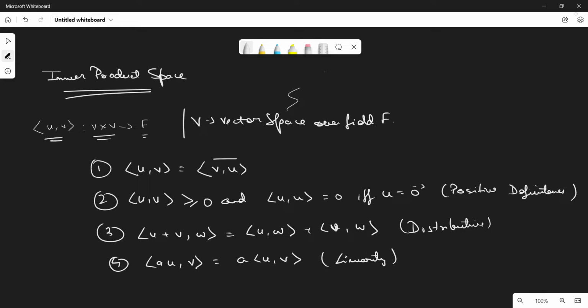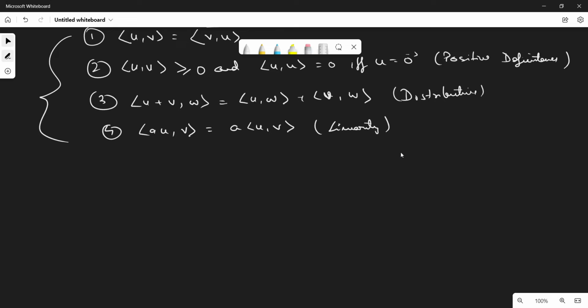Okay, so if there exists a function, elements of a vector space V cross V mapped to F, such that these four conditions are valid, then we say that <u,v> is an inner product.